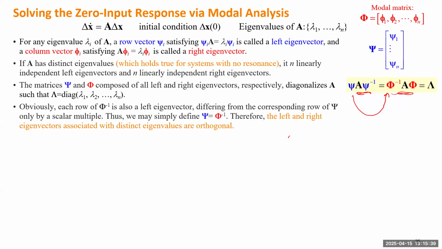Then you solve the inverse. By finding the proper scalar multiples, you will be able to get exactly the phi. So then we can simply let psi be the inverse of phi.